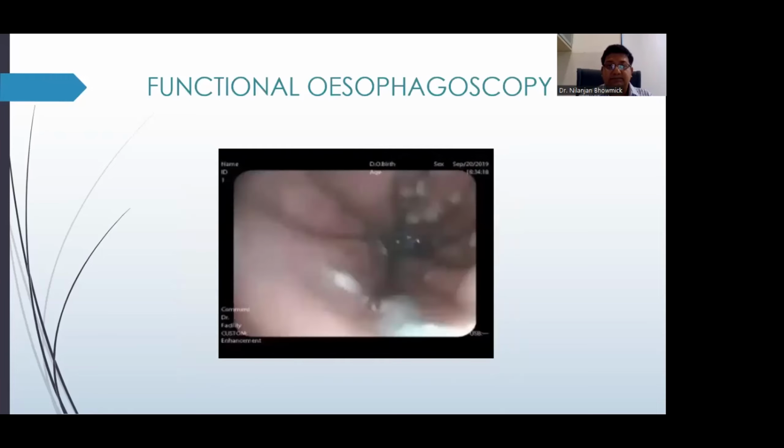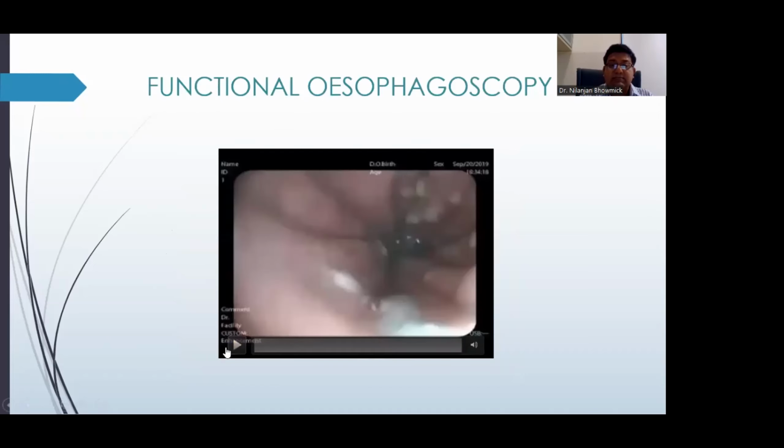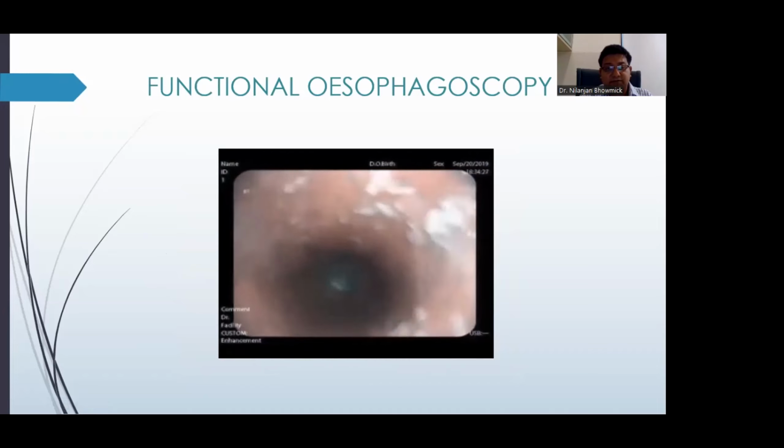And finally, functional esophagoscopy, which again is a sort of extension of the FEES procedure. However, in this, a longer scope is involved. This is primarily for esophageal dysphagia, wherein we suspect patients having some motility disorders in the esophagus, and we could just pursue a bolus of food through the esophagus as it goes down from the upper esophageal sphincter through the esophagus and through the lower esophageal sphincter.